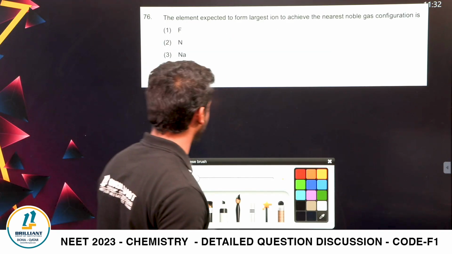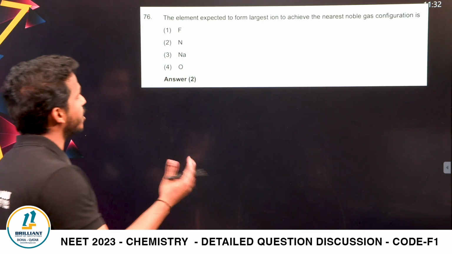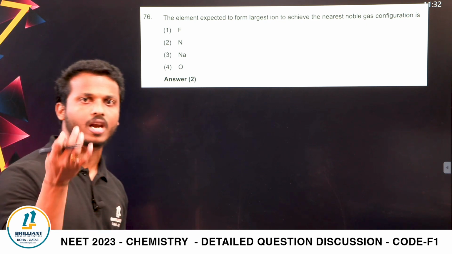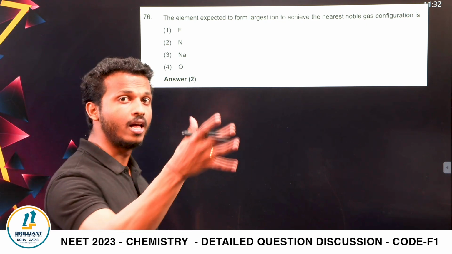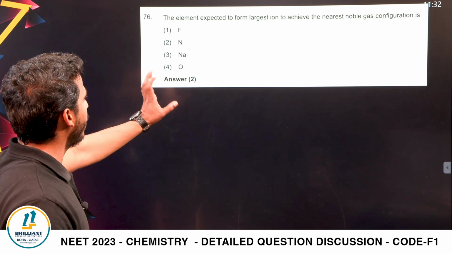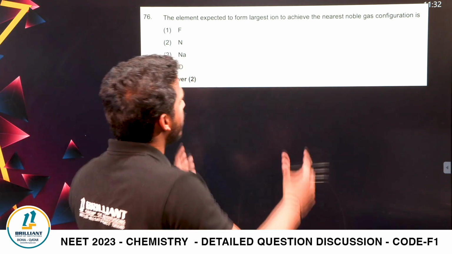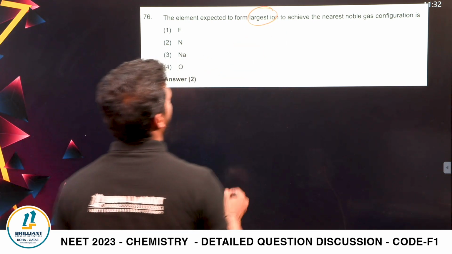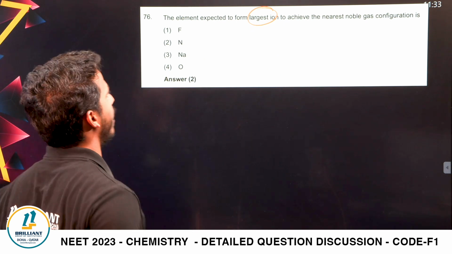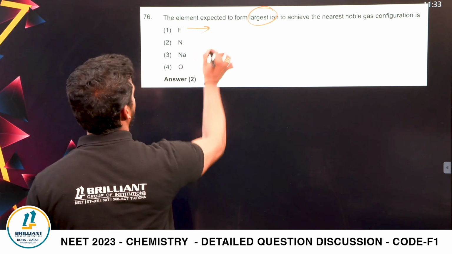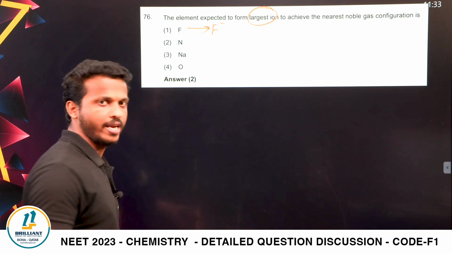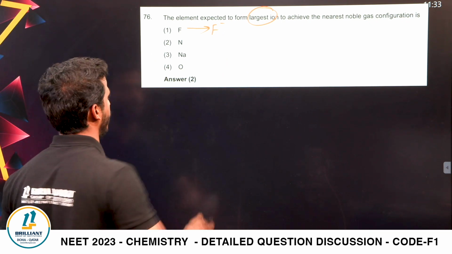Next one, question number 76. The element expected to form the largest ion to achieve the nearest noble gas configuration. It's just a question from the classification of elements, grade 11, third chapter. How can fluorine attain noble gas configuration, dear all? F minus: when it gets 1 electron, 8 completed.